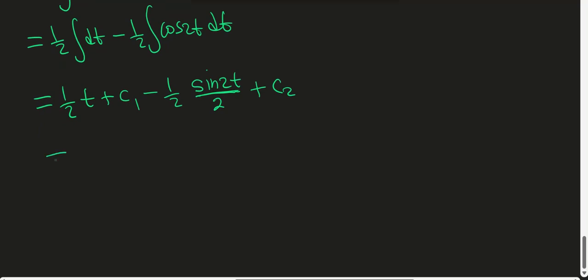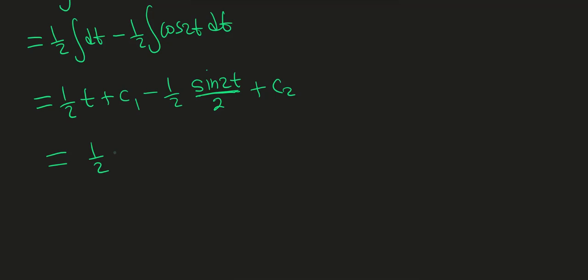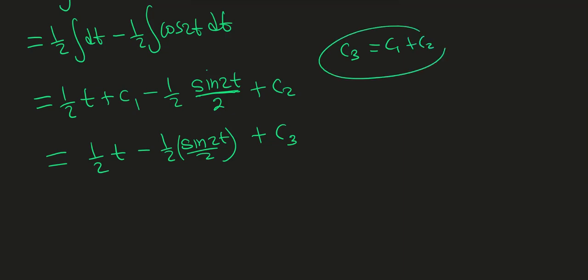So all of this simplifies to 1 over 2 t minus 1 over 2 sine 2t over 2 plus c3, where c3 is equal to c1 plus c2.